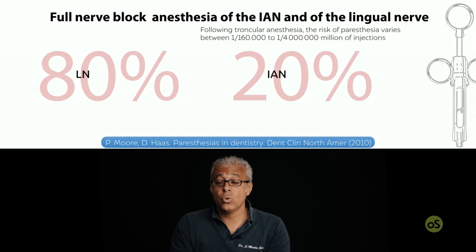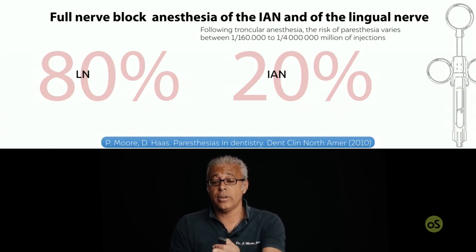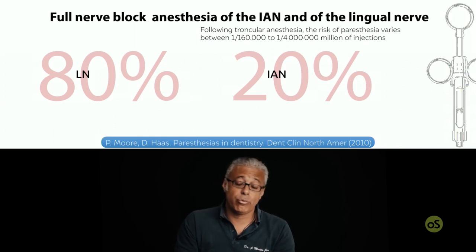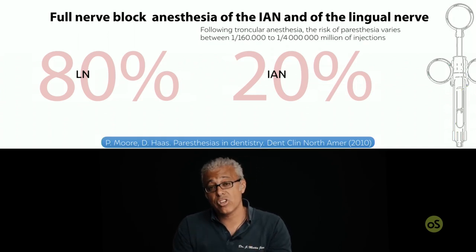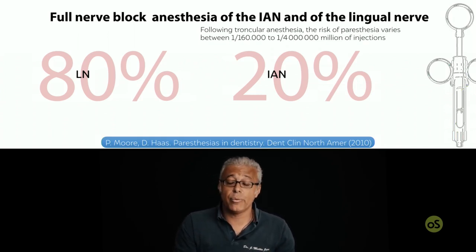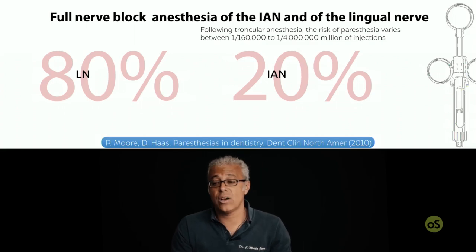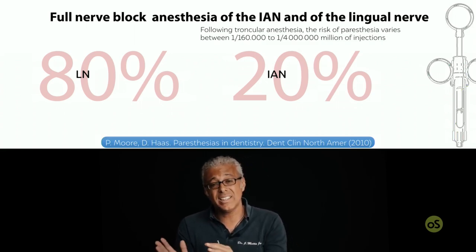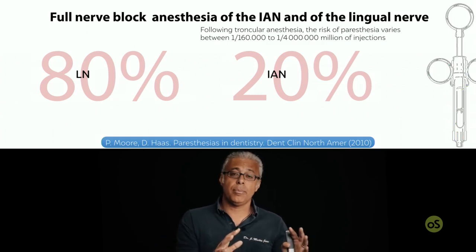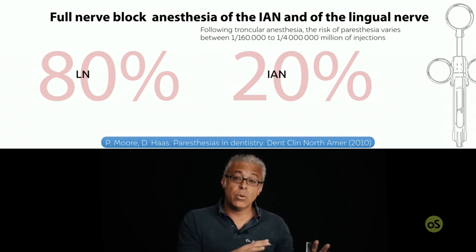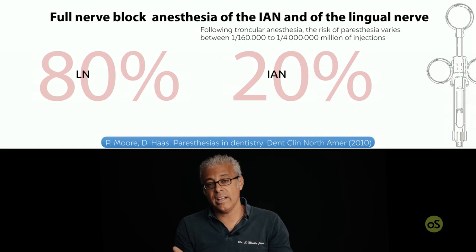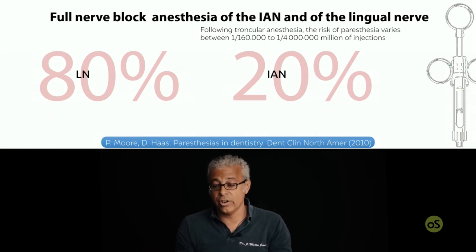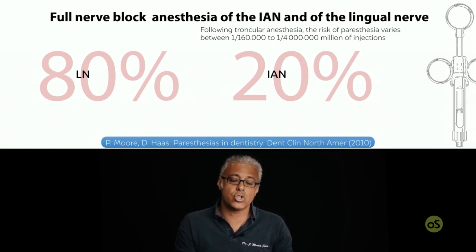Another thing, as I just told you, is that the literature with Moore shows us that following truncular or full block anesthesia, we can have the risk of paresthesia that varies from 1 in 160,000 to 1 in 4 million injections. And we see that there is a major percentage of problems on the lingual nerve versus the IAN or inferior alveolar nerve. And this is one of the reasons why I chose to reduce the full block nerve anesthesia.